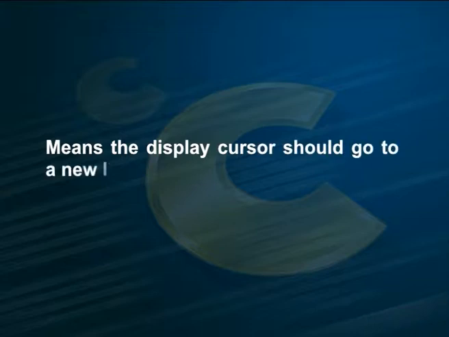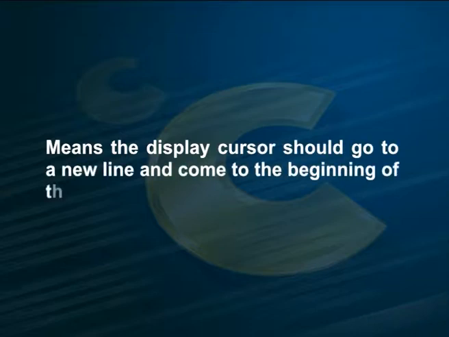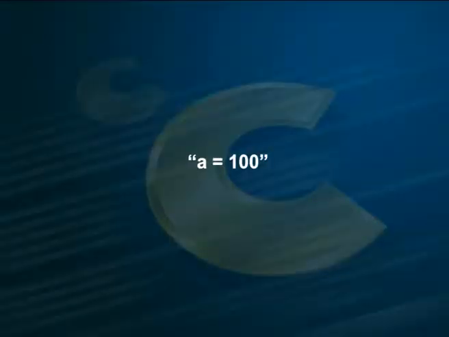This decimal value is available as the next parameter to the printf function. In this case, it is the value of the integer a. In the first parameter, we have a \n after the d, which means the display cursor should go to the new line and come to the beginning of that line. We get a = 100 on the screen and the cursor goes to the beginning of the next line.